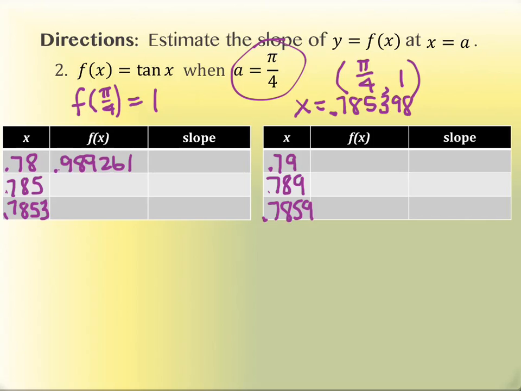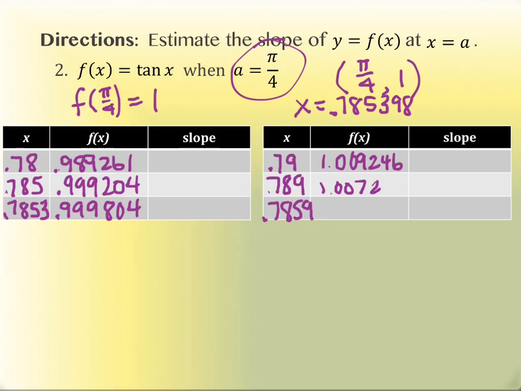Okay, 0.989261, 0.999204, or you could go with 203, that would be fine. 0.999804, 1.009246, 1.007, you can write 230 or 229, that is fine.